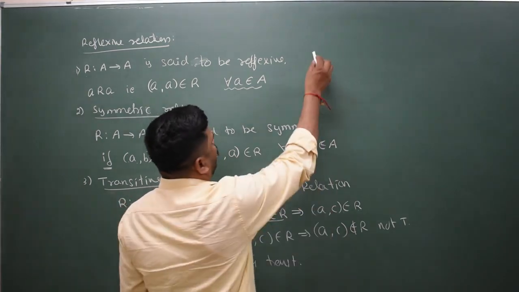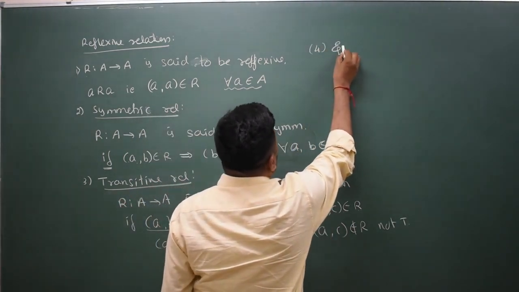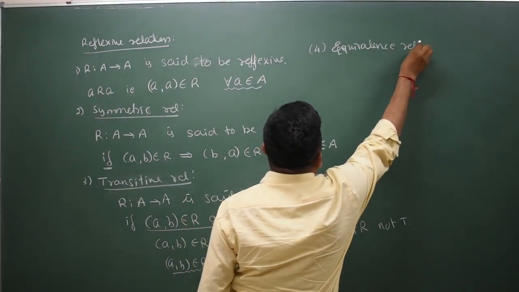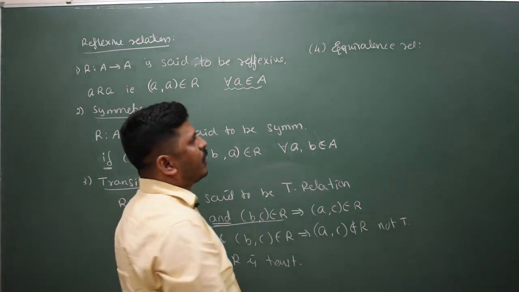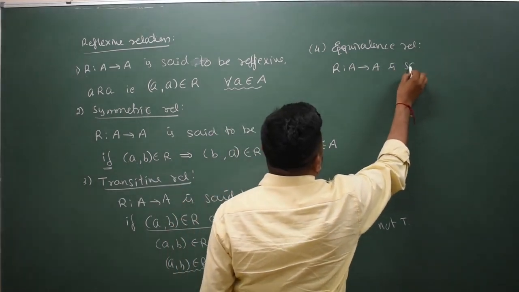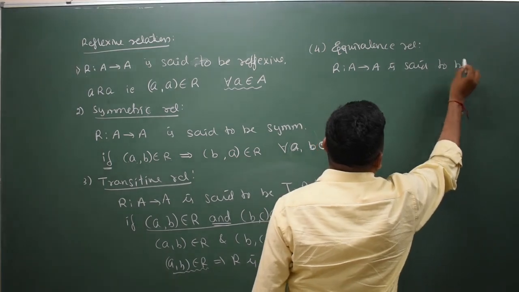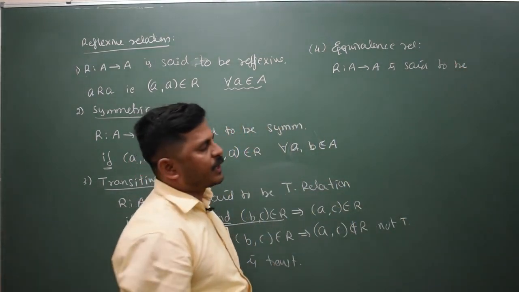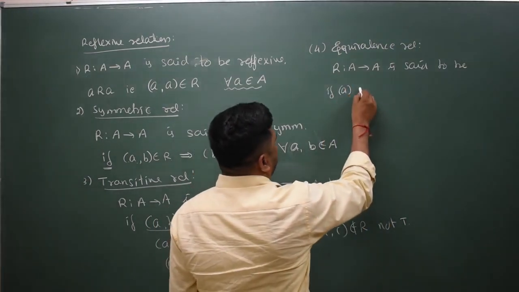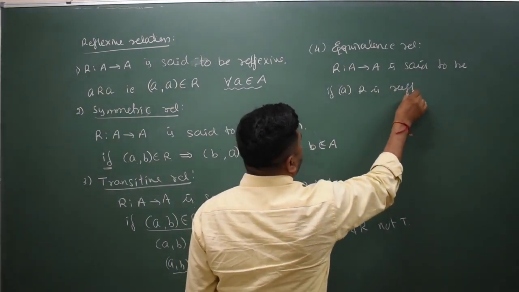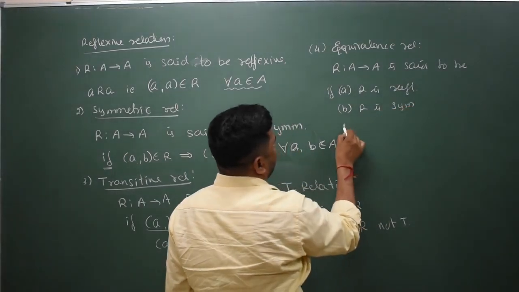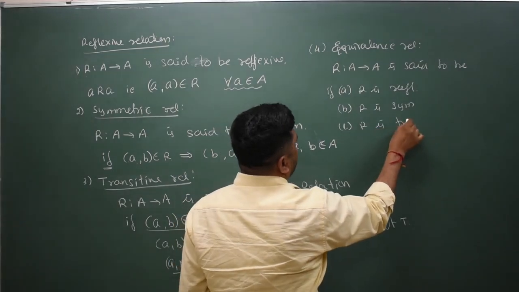Next to last one, it is equivalence relation. A relation R from A to A is said to be an equivalence relation if R must be reflexive, R must be symmetric, R must be transitive.